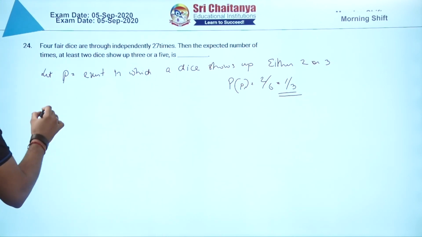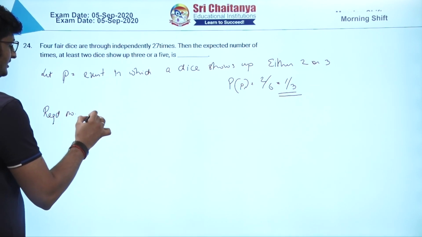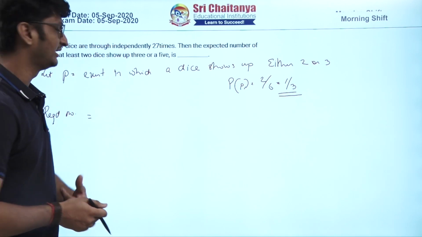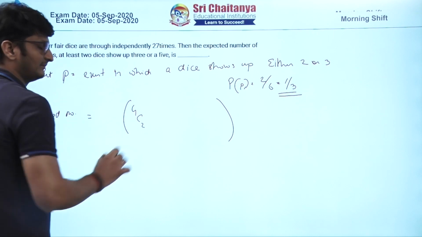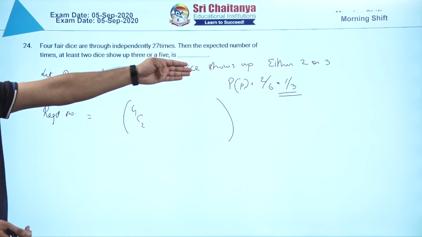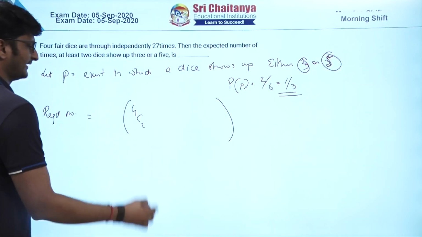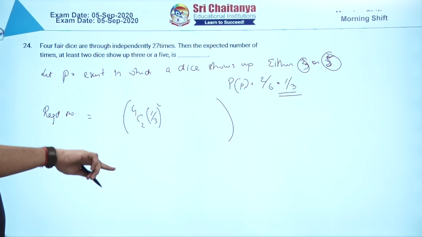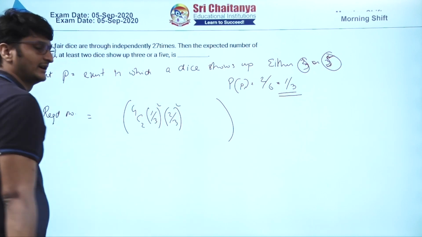Now, the required number, the expected number of times, is the number of times we are getting in one experiment, in one throw. See, out of 4 maybe any 2 dice are showing either 3 or 5, it is given, okay? So, 1 by 3 to the power 2, the remaining 2 dice can show any other number. So, the probability is 1 minus 1 by 3, that is 2 by 3 to the power 2, correct?